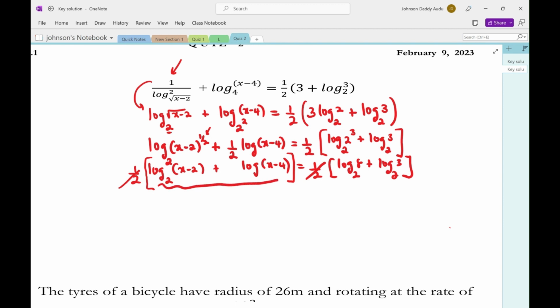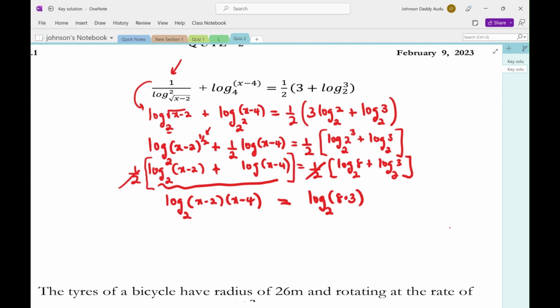So we are left with just this one here. And since this is addition, we can change it to multiplication to become log to base 2 of x minus 2 times x minus 4. And here we can write it as log to base 2 of 8 times 3.